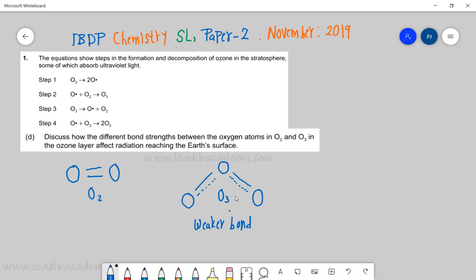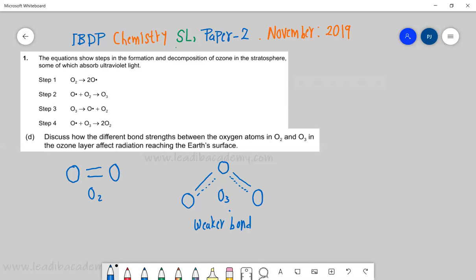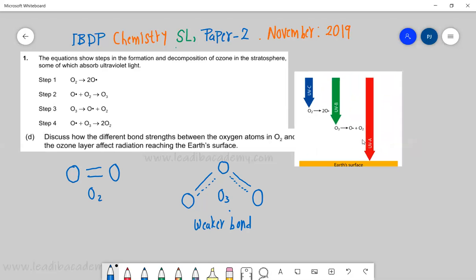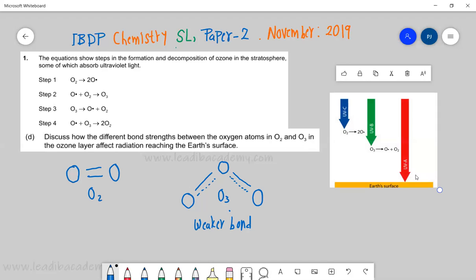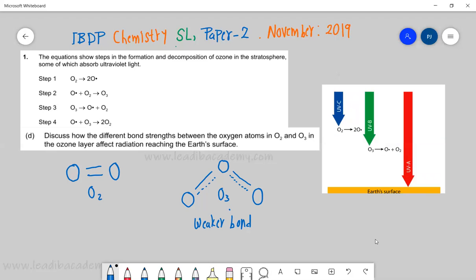So what is going to happen now? What is happening in case of ultraviolet? There are three kinds. One is UVC, which is the highest energy.